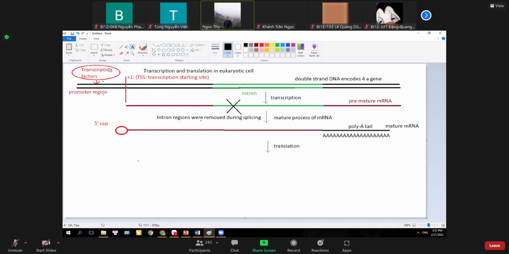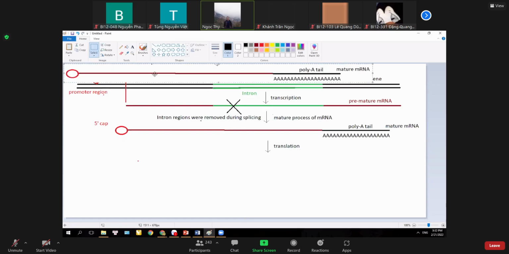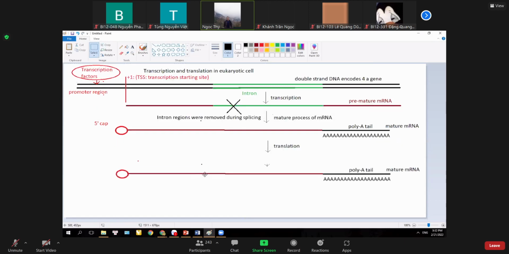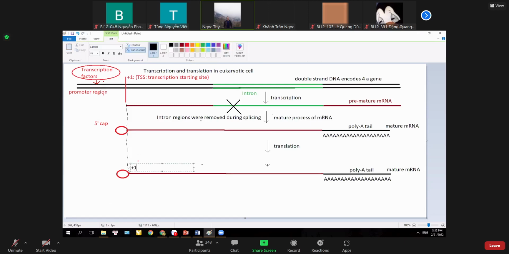So that means the position +1 will be maintained in order here. +1.